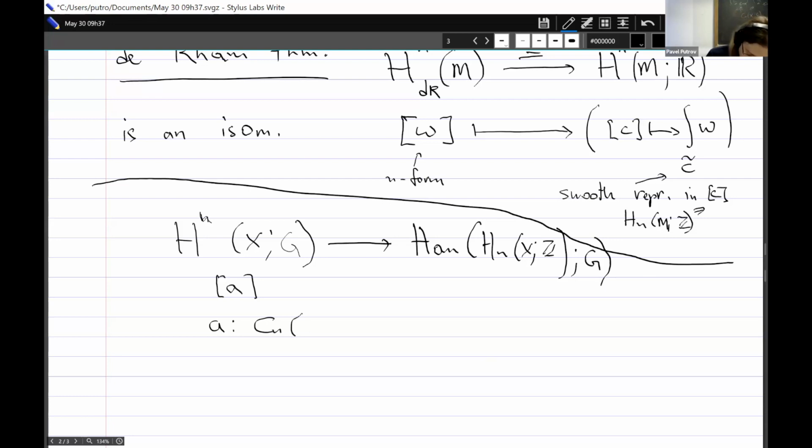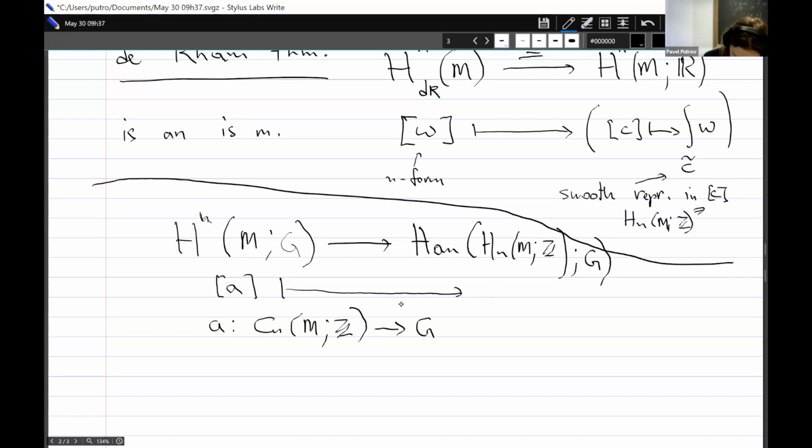So I keep using this x instead of m. Anyway, so we take the map from chains to G, and we send it to the following.